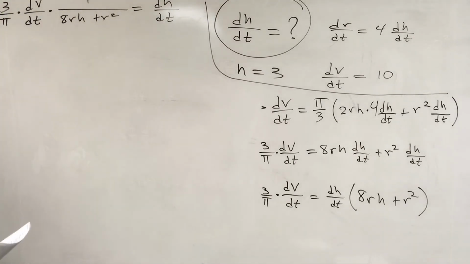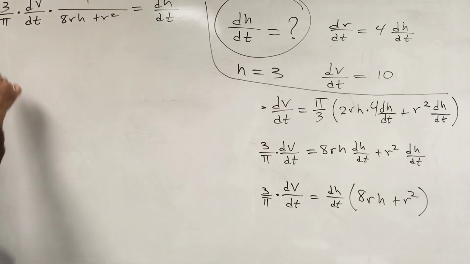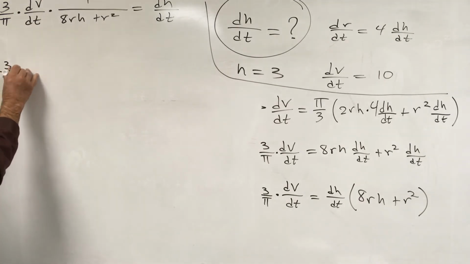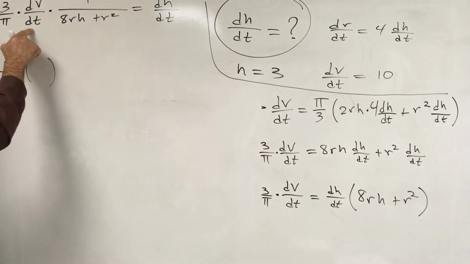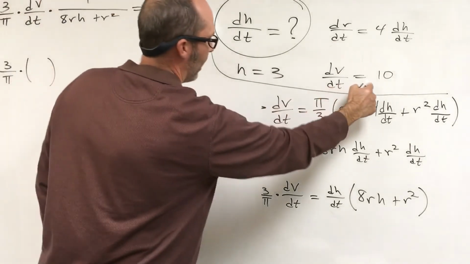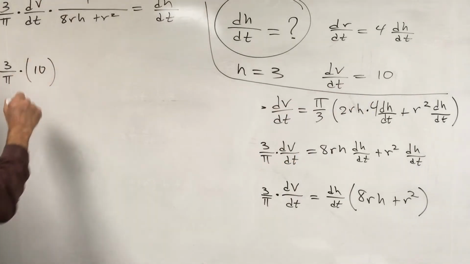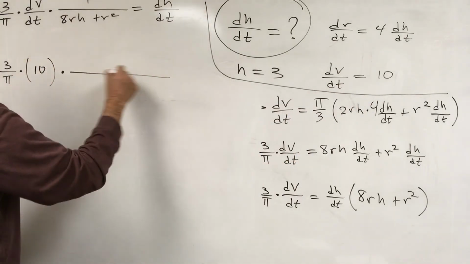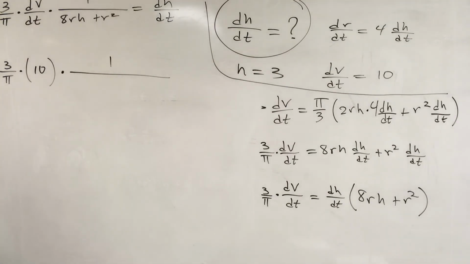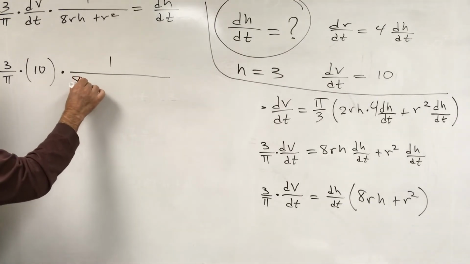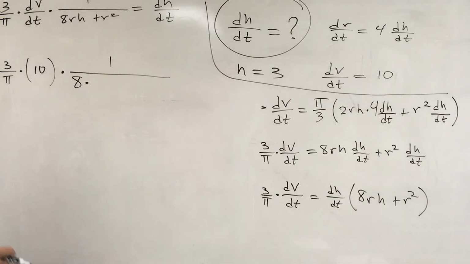Now we're pretty much there. 3 is a number, pi is a number. So 3 over pi times dV/dt, which we were told was 10, so put that in there, times 1 over 8 times r.